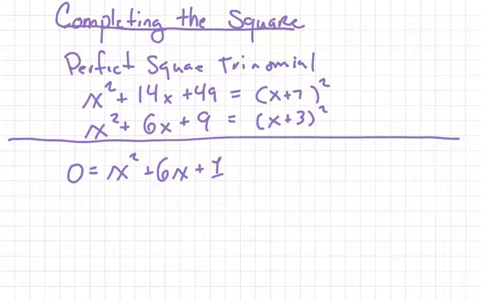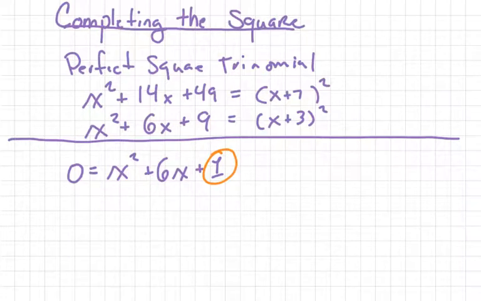You have to use an idea called completing the square. And this is how we do it. I want to somehow make this equation into a completing the square equation. And I'm going to do that by replacing this 1 with the number that is going to make this quadratic a perfect square.